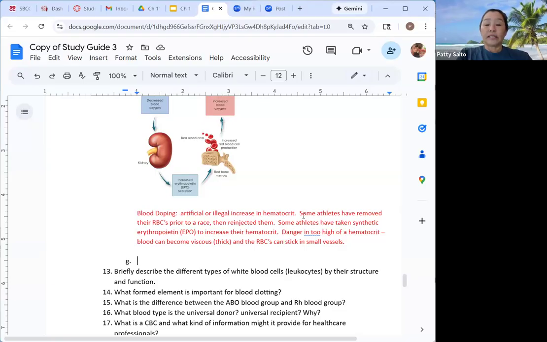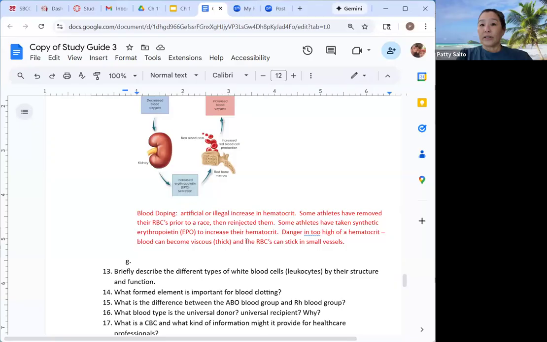Some have removed their red blood cells prior to a race and then re-injected them, which would increase your red blood cells. Some athletes have taken synthetic erythropoietin called Epogen, a hormone that increases your red blood cells. Epogen is used in hospitals to stimulate red blood cell production in people who have a low red blood cell count, called anemia.